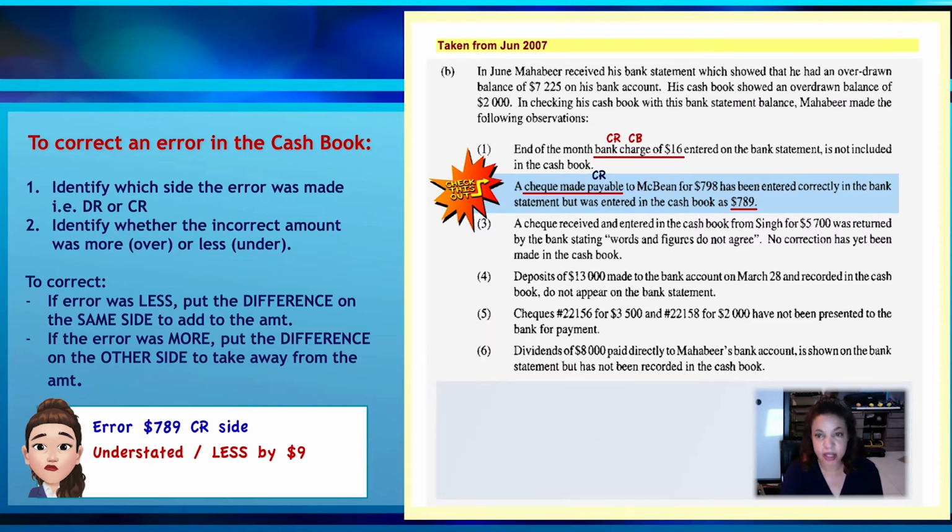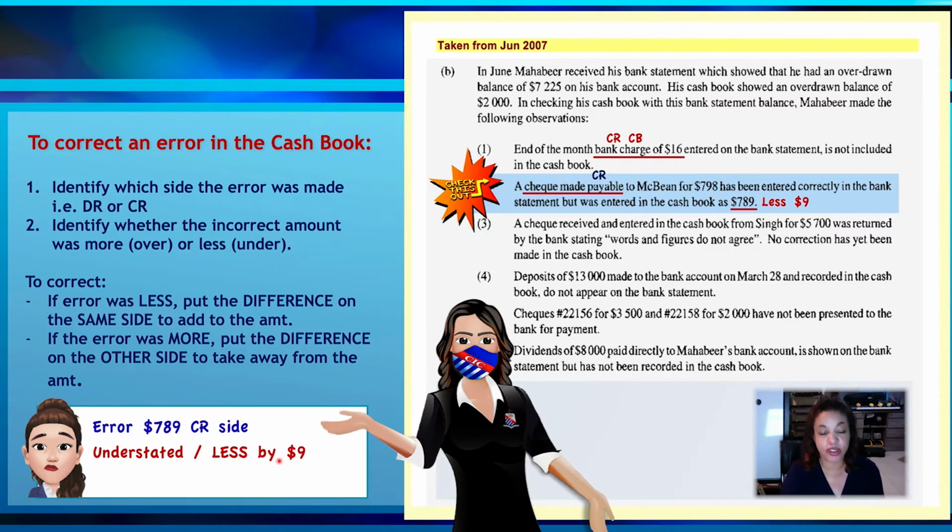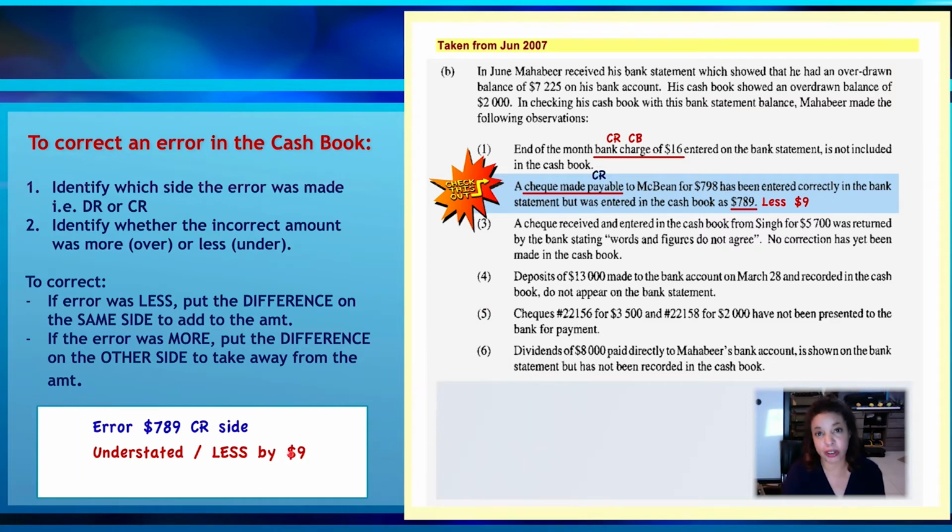So your error, important thing, how much was it off by, and was it less or more than the correct amount? And in this case, $7.89 is less than $7.98. So our error is that the amount, the credit side, was understated or less than by $9. So how do we correct that? Basically this.